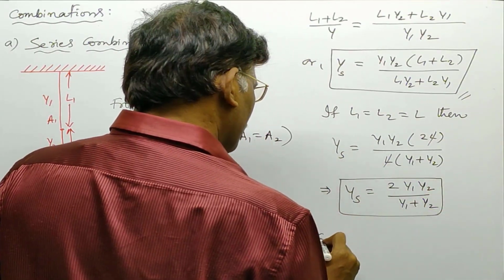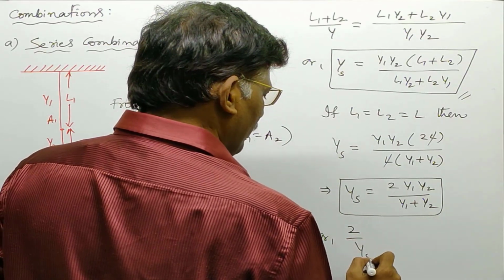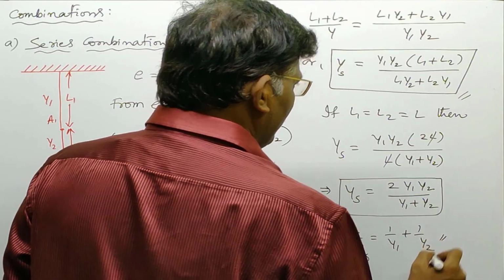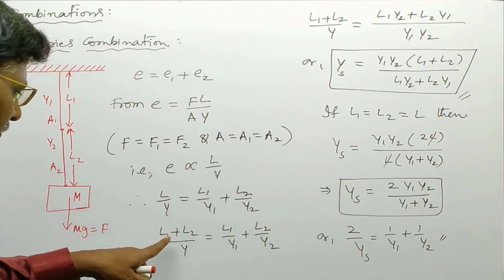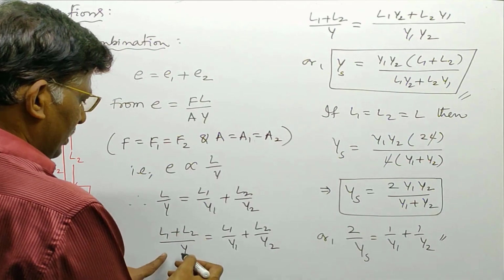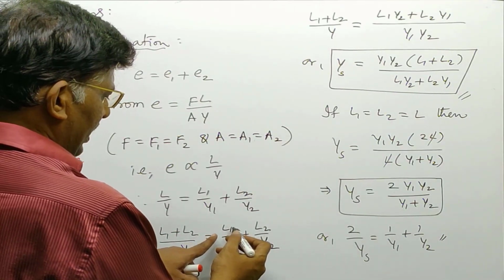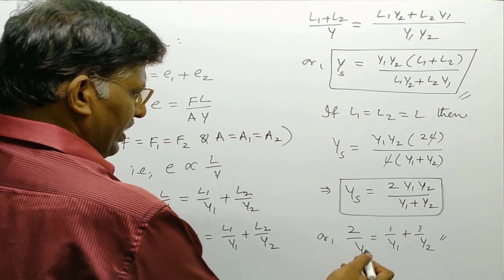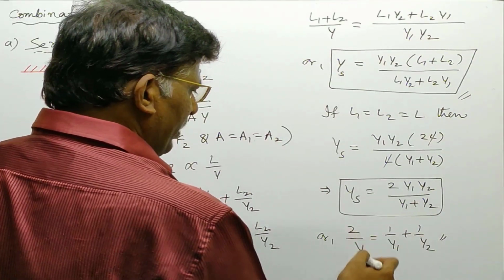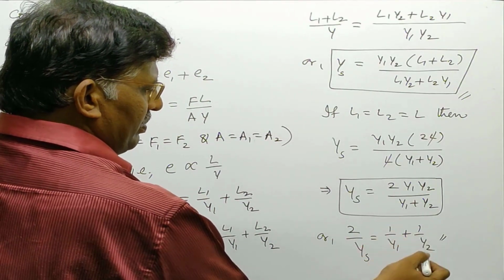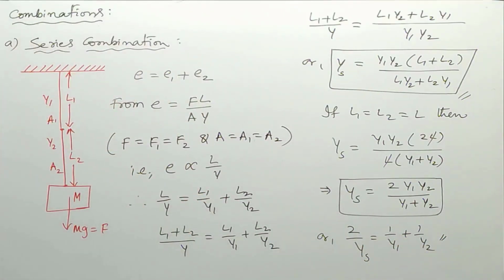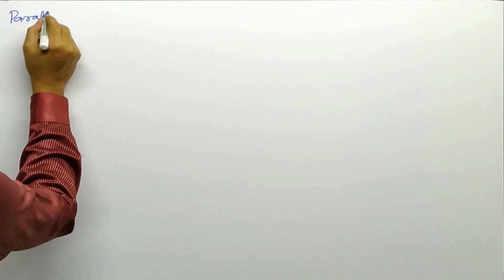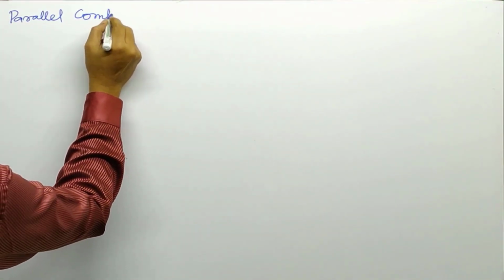Or this can also be written as 2 by Ys is equal to 1 by Y1 plus 1 by Y2. So 2L divided by Y is L by Y1 plus L by Y2, L's cancel, 2 by Y remaining, that is Y is equal to Ys in series combination. 2 by Ys is equal to 1 by Y1 plus 1 by Y2. Next one, parallel combination of two different Ys.